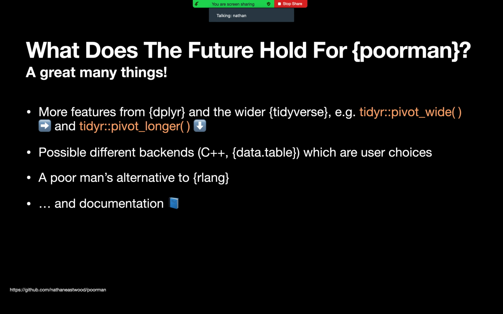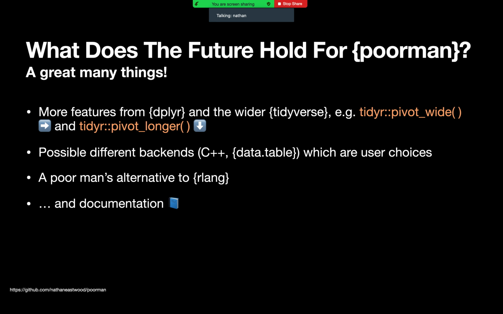Another suggestion is I'm considering playing around with different backends. Now I know that I've said I'm not a C++ developer, and of course that's one of the negatives that I've mentioned for dplyr, or can be considered a negative. I probably wouldn't include it in the poorman package. I would maybe create a separate package just for fun, but also for my own personal learning.